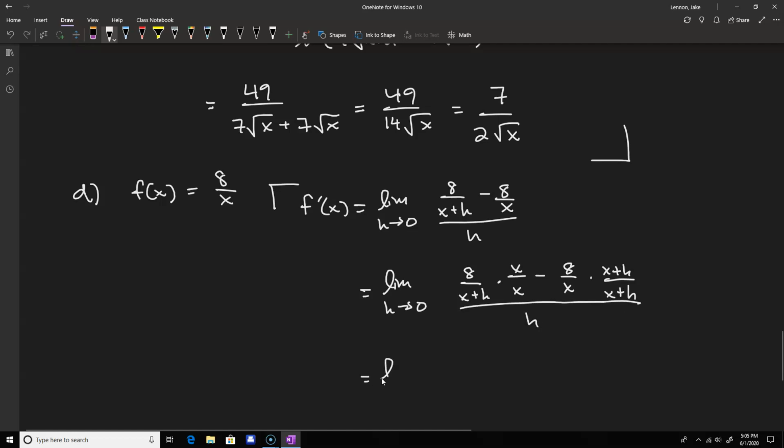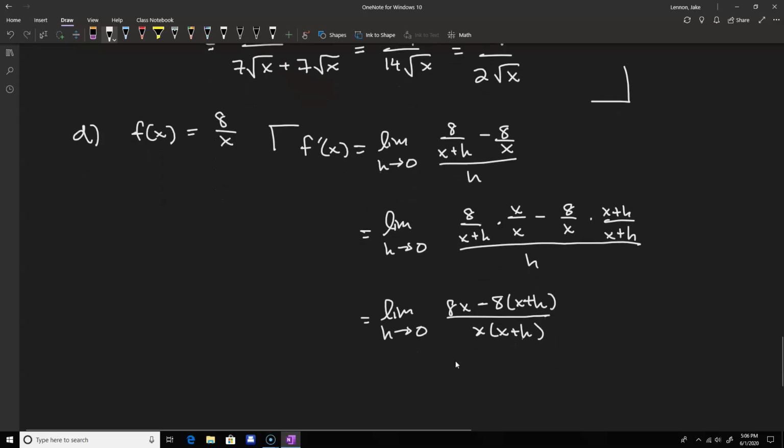So this is going to be the limit as h approaches 0 of 8x minus 8 times x plus h over the common denominator of x times x plus h, and then we're still dividing everything by h.